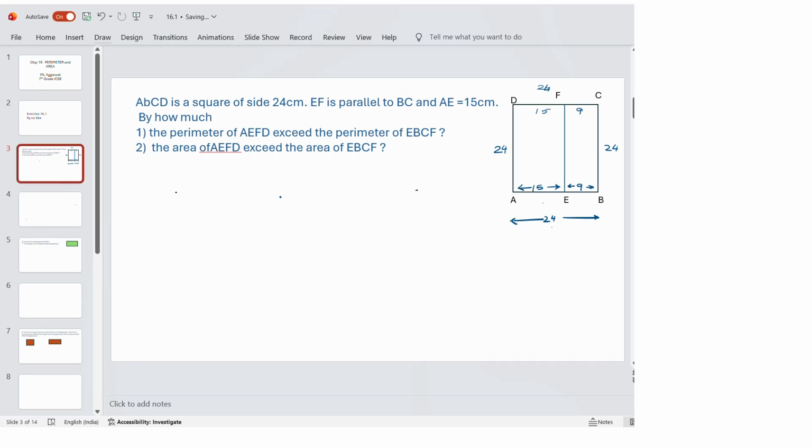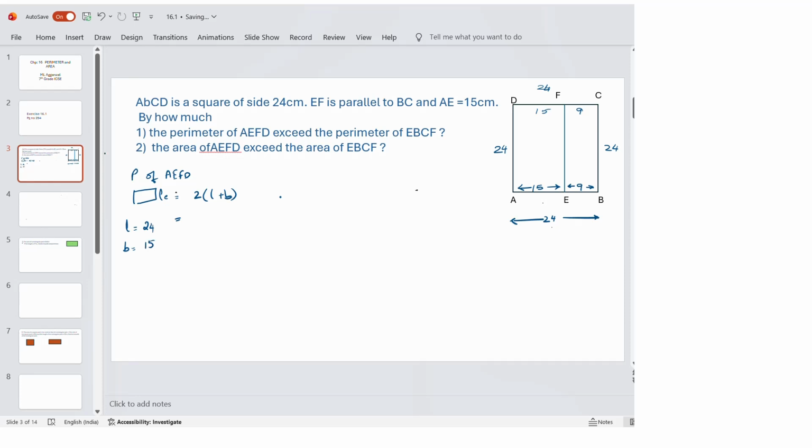So now we can start with the perimeter of AEFD. We know the perimeter of a rectangle is 2 into (L plus B). What is L? L given is 24 and breadth given is 15.